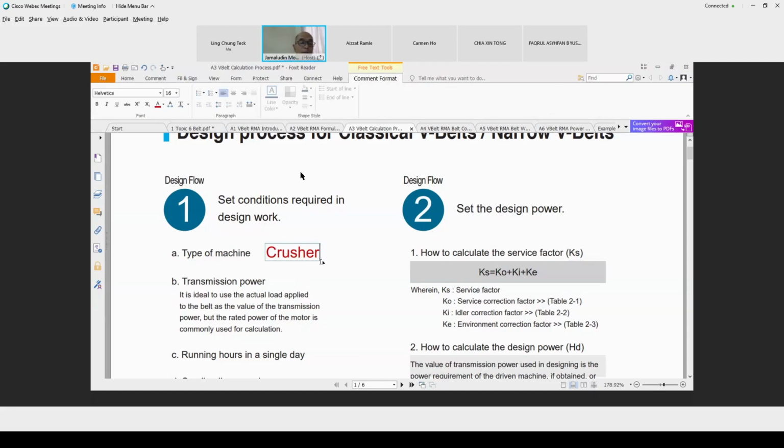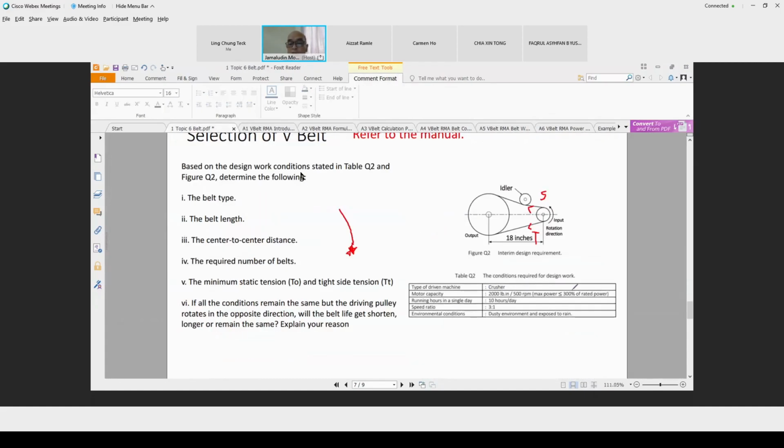You just follow. This is going to be transmission power. Ideal, that means the transmission power is going to be this one. This is the motor capacity. You can take this value.